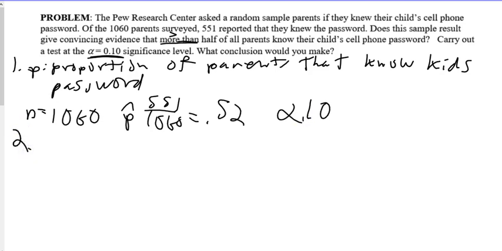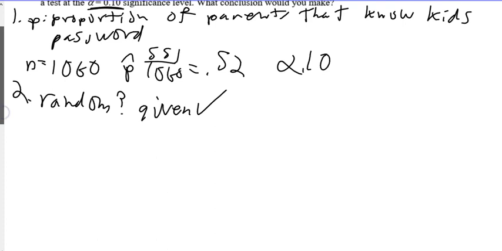Number two, we're going to check for large numbers and random. So we write random, question mark, and we're going to say given, check mark. Then we're going to check for large numbers.